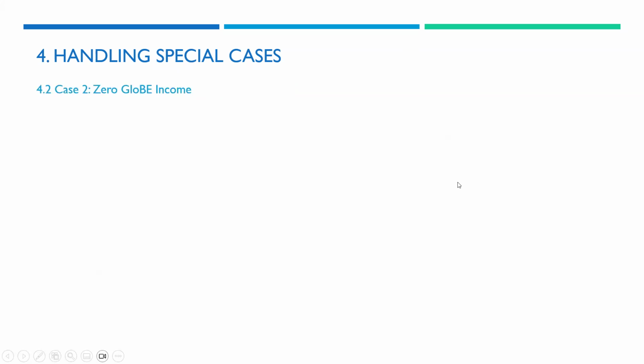Now, second case, if the total is zero, then what do you do? If the total GloBE income, the aggregate of GloBE income in all jurisdictions, is zero, then also you can't do anything. Anything divided by zero is a mathematical impossibility.